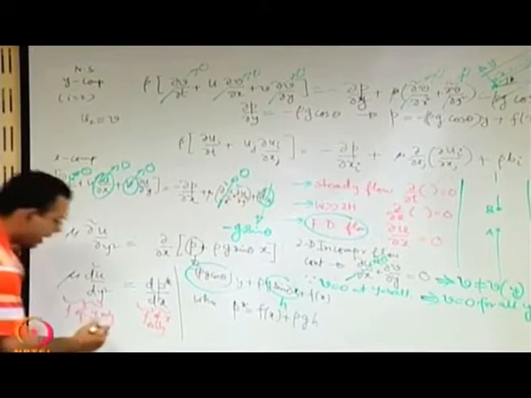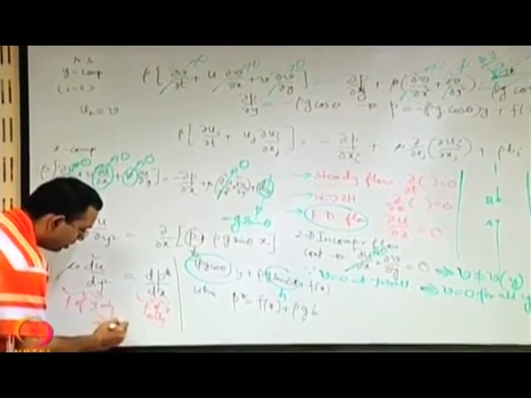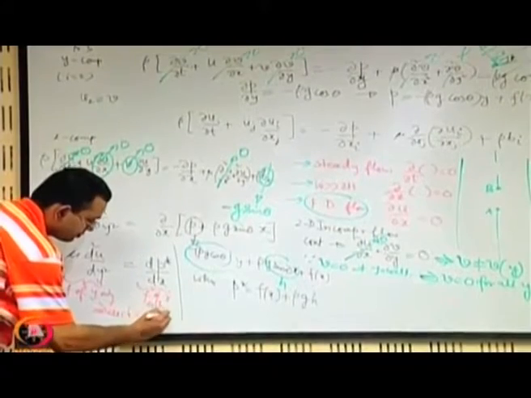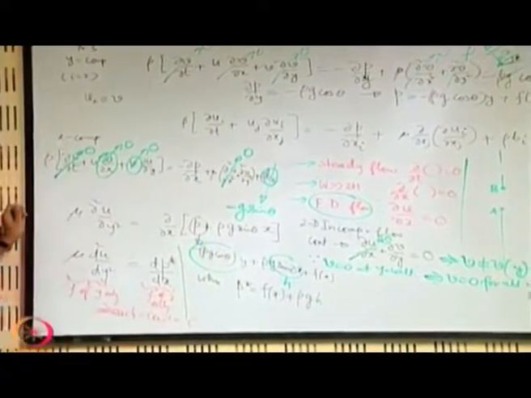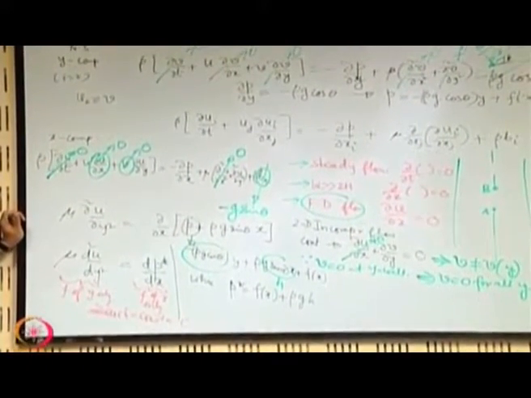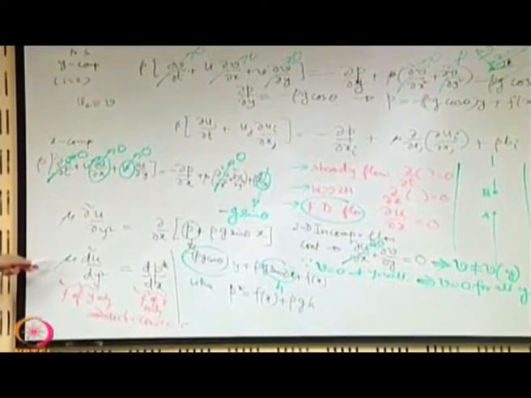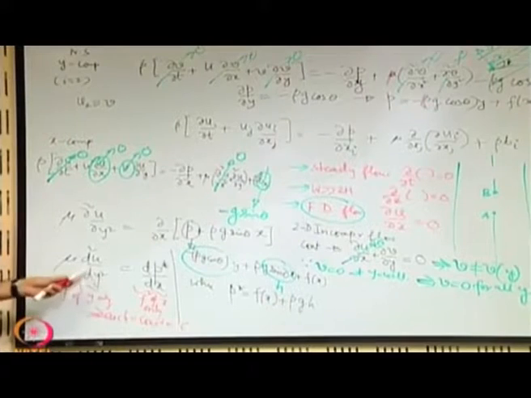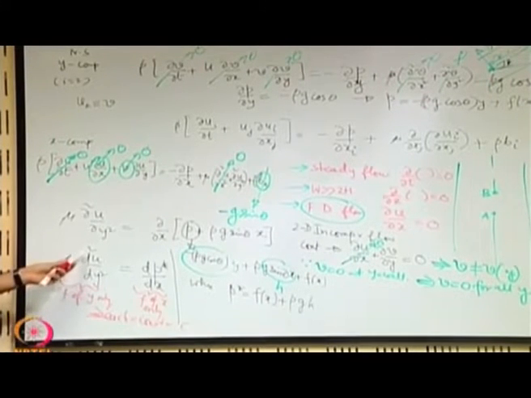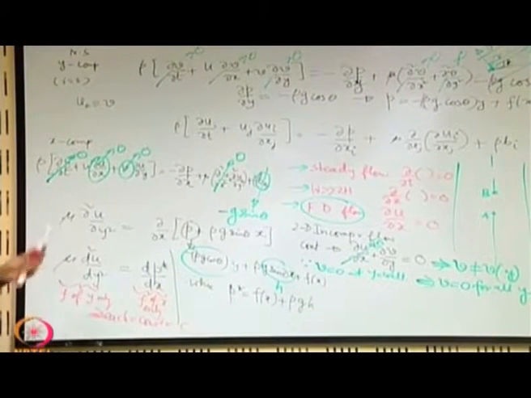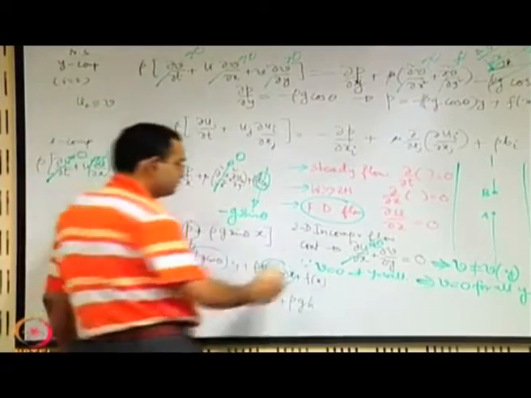So this implies that each is equal to a constant, say the constant is equal to c. Once you have each equal to a constant, the remaining work will be easy because you may integrate it twice to get the velocity as a function of y. So let us quickly do that.